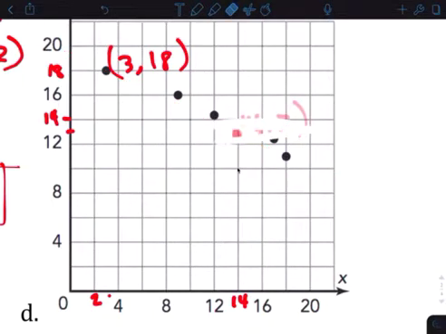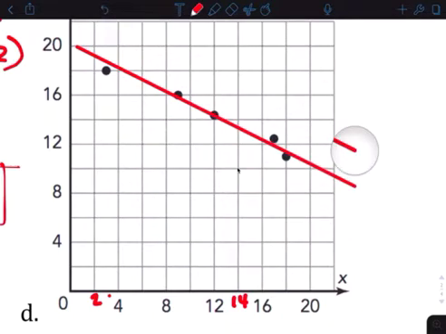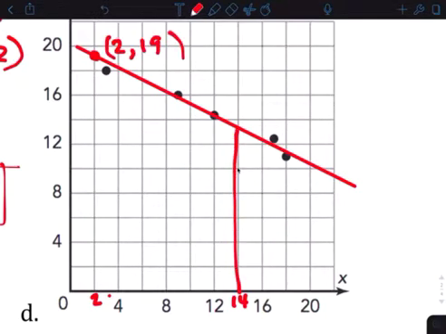Now, if your child didn't draw this line, let's say a student drew a better line of best fit and actually went through these points right here like this, then it's different. If they're going to use 2, they're going to have to use 2 and 19. And if you use 14, they're going to have to use 14 and 12.